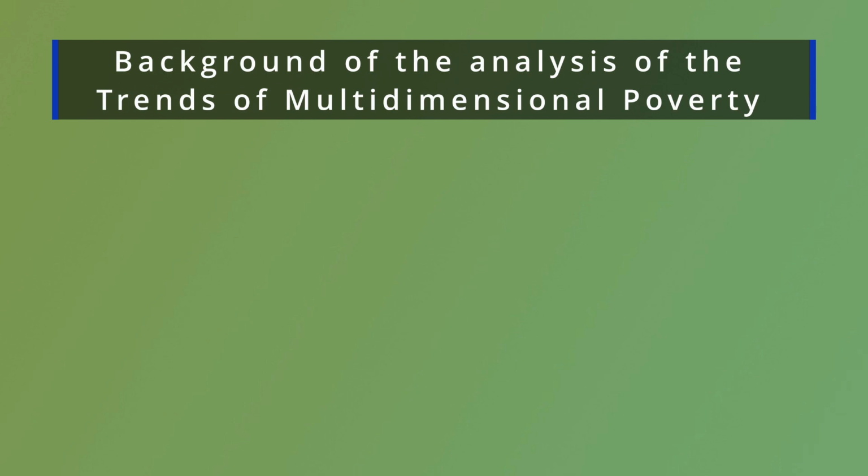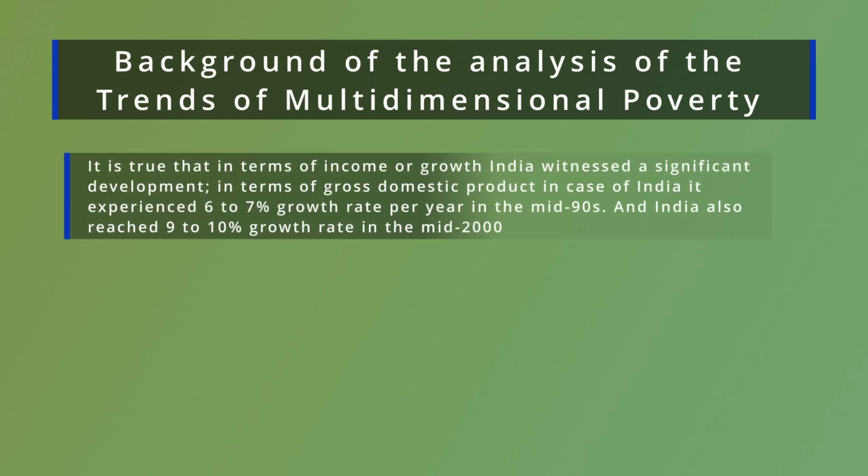Now we come to the background of the analysis of the trends of multidimensional poverty in our country. It is true that in terms of income or growth, India witnessed significant development. In terms of gross domestic product, India experienced a 6 to 7% growth rate per year in the mid-90s.